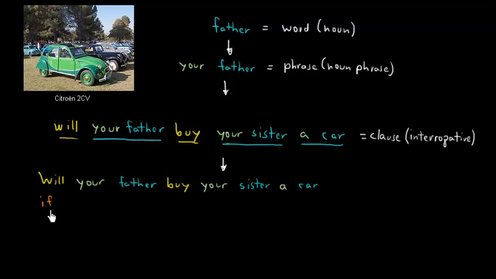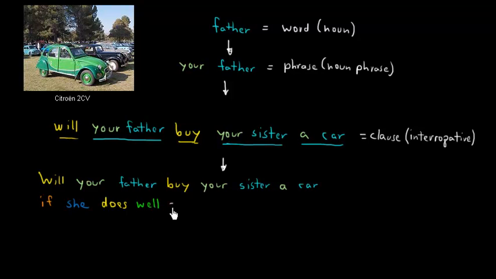If, okay, this is a conjunction, so we're going to use it to attach another clause. If she, so she's the subject. Does is the verb. She does. Does what? Does well.